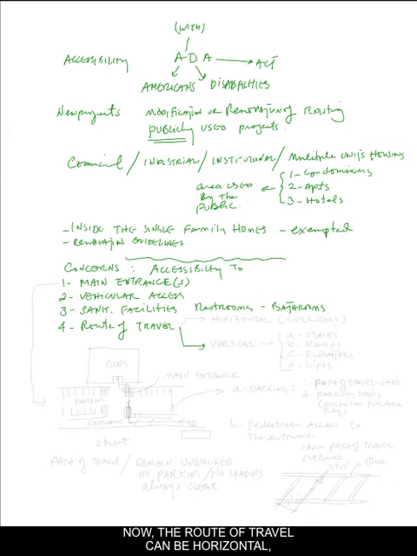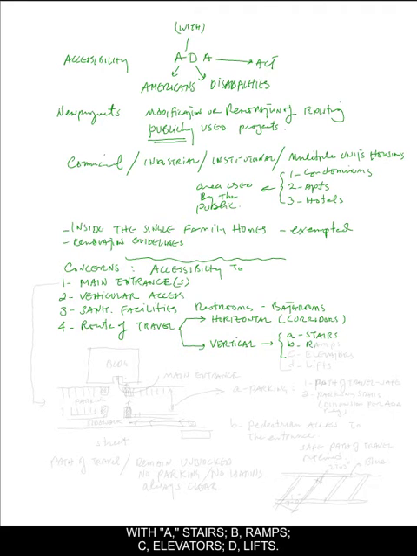Now, the route of travel can be horizontal, like corridors, etc., or it can be vertical, which concerns you with A. Stairs.